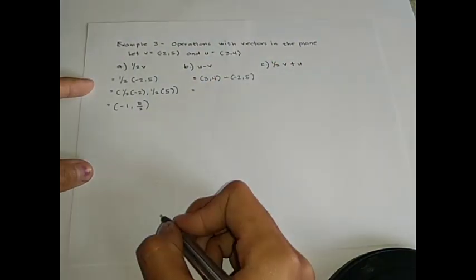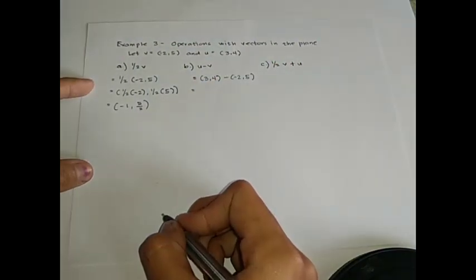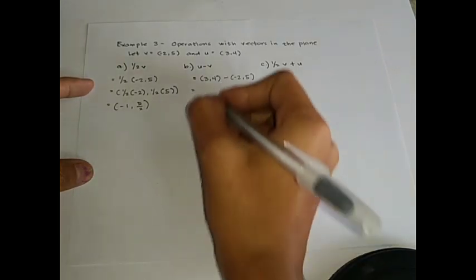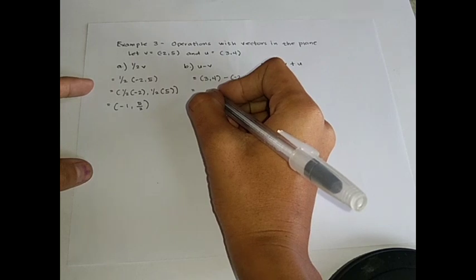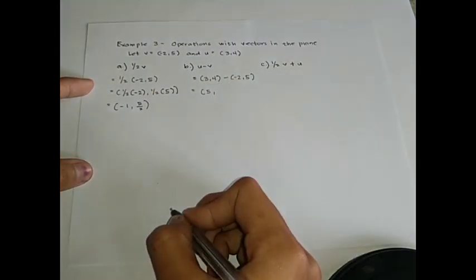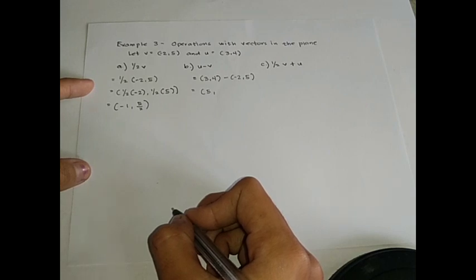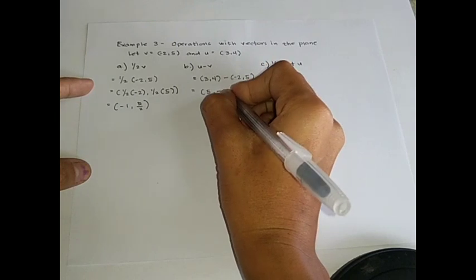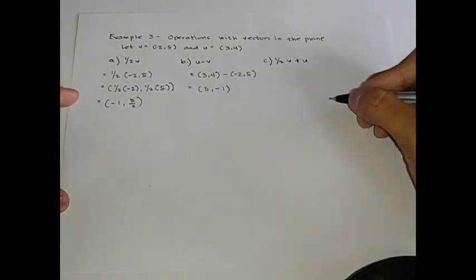Subtract their corresponding components. 3 minus -2 is equal to 5, and 4 minus 5 is -1.